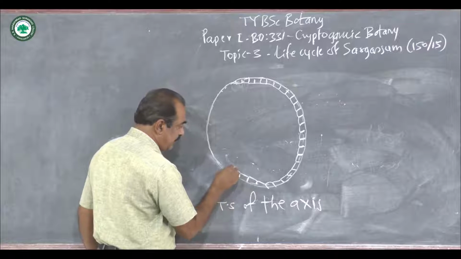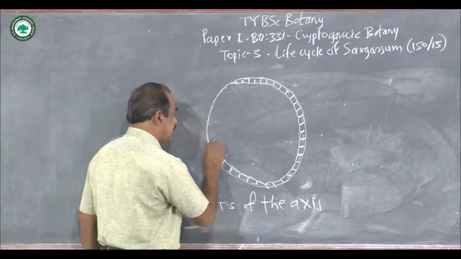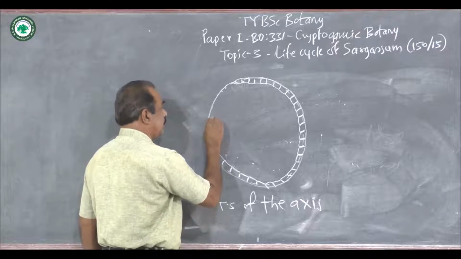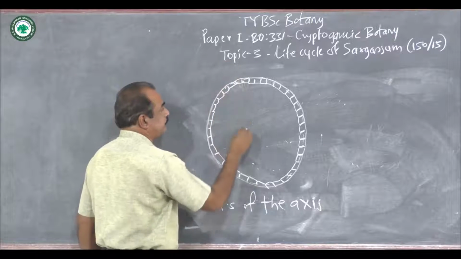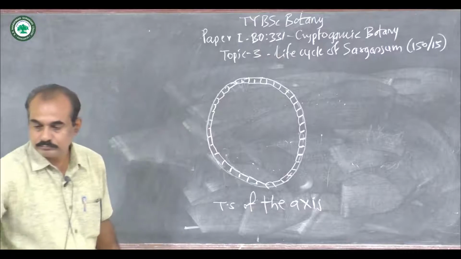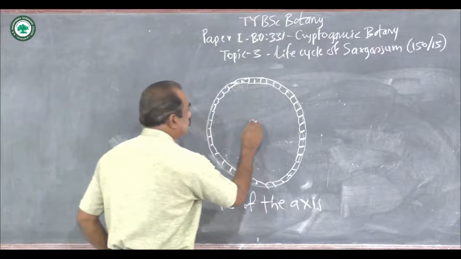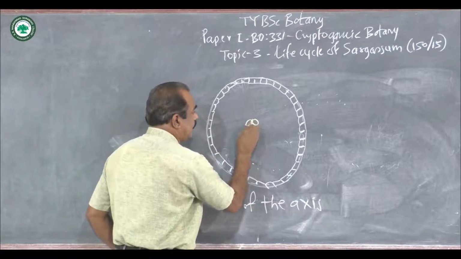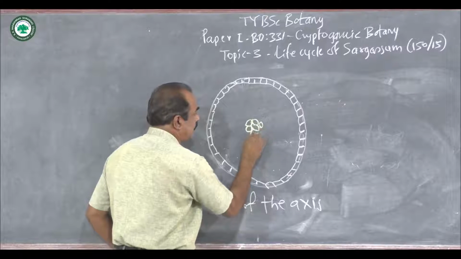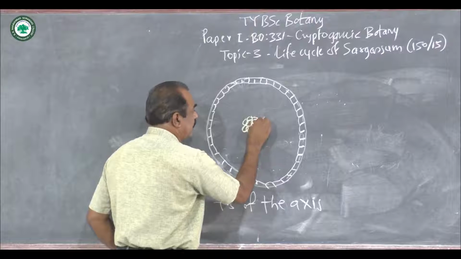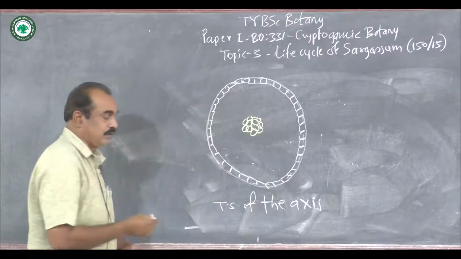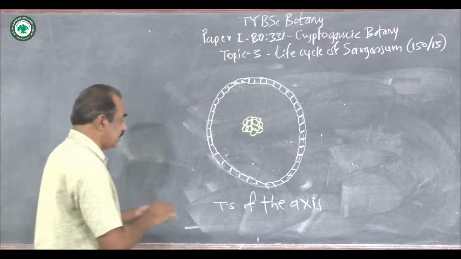They are compactly arranged without intercellular gap. At the center, there is the medulla. All the cells of medulla, or it is also called as the conducting strand, are compactly arranged and they are thick-walled.